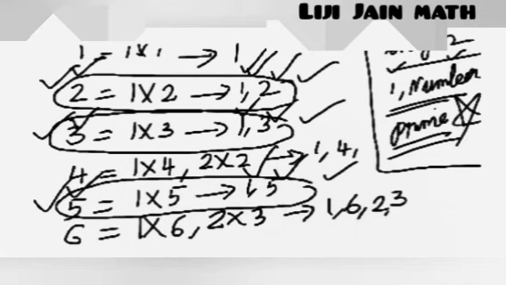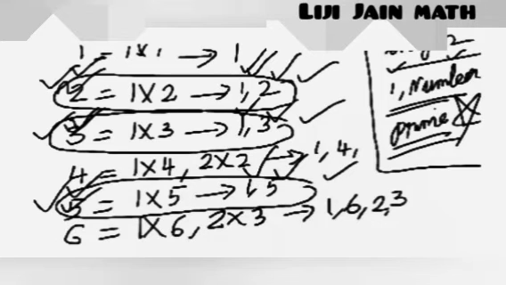Understood? Two factors only would be there for prime numbers, which are 1 and the number itself. Such numbers are known as what? Prime numbers. So we can say 2, 3 and 5 are prime numbers.